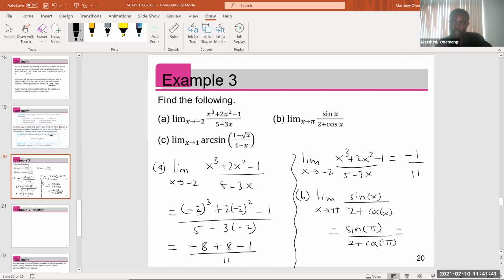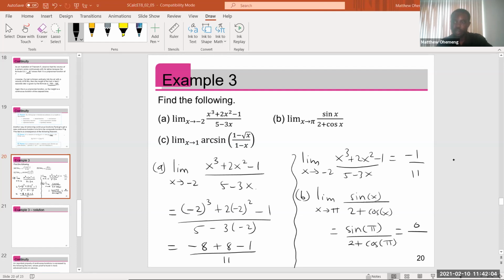What is sine of pi? Sine of pi is 0. So we have 0 over 2, plus what's cosine of pi?